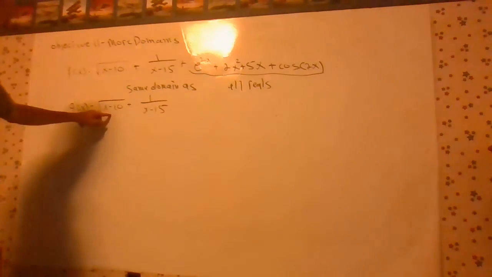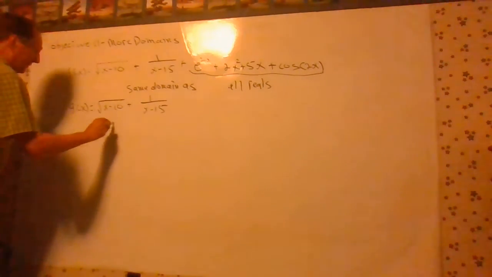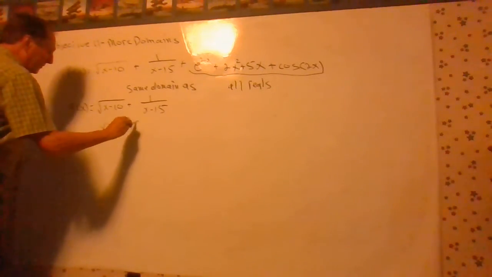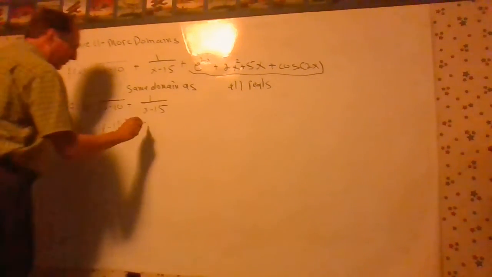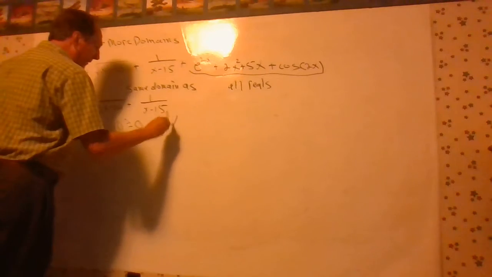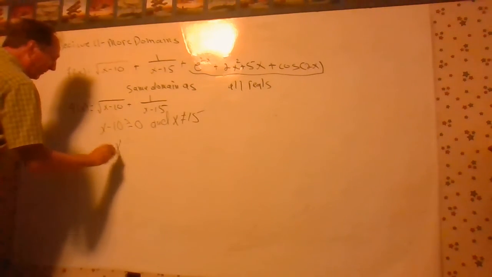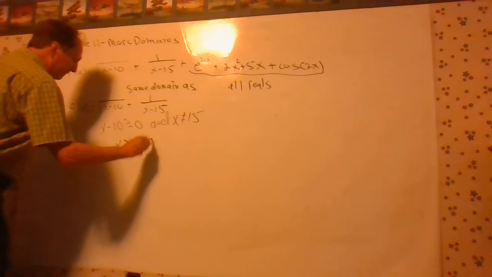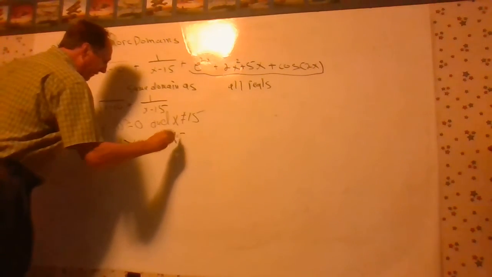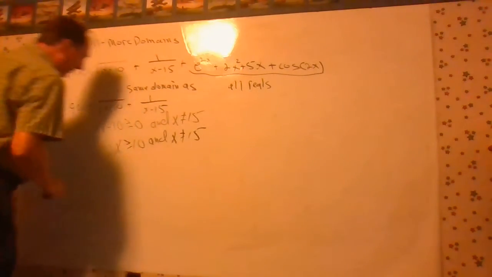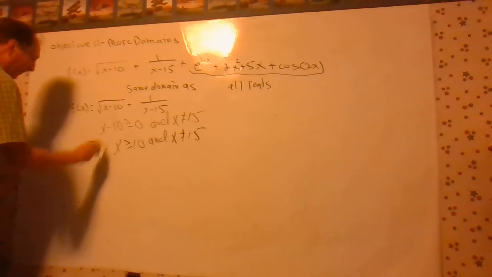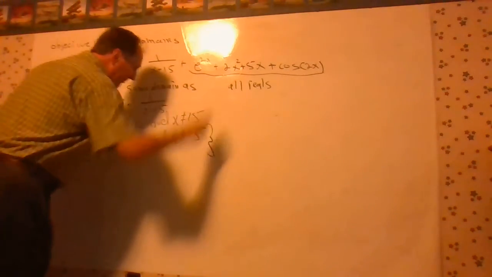So all we care about is the domain, so we can shrink it down to this and simply say x minus 10 greater than or equal to 0, domain rule number 1, and x can't be 15. Well, of course, x greater than or equal to 10, and x can't be 15. You can use set builder notation, the set of all x such that that's true.